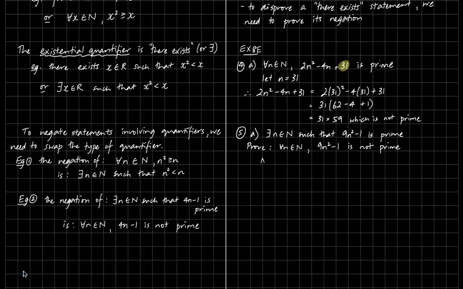Okay, well for this one here, if we recognize that expression there is actually a difference of two squares, so it's the difference of 3n squared and 1 squared, then we can factorize it as 3n minus 1 times 3n plus 1. And really for all natural numbers, so 1 is the smallest natural number that we have, so the smallest factor that we can get out of this would be 3 minus 1, which is 2.